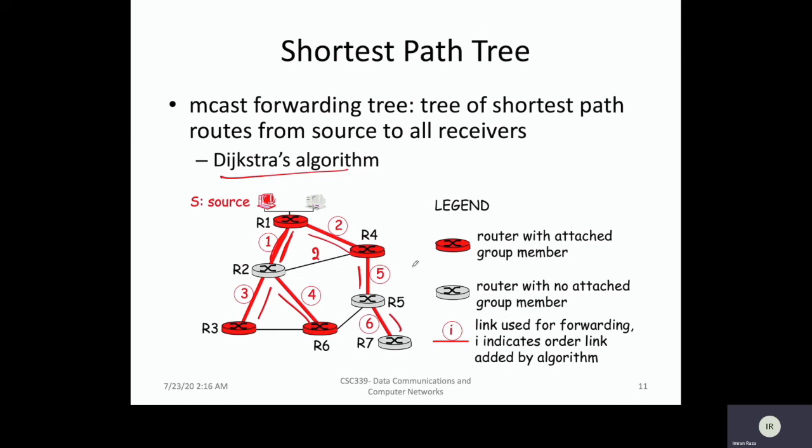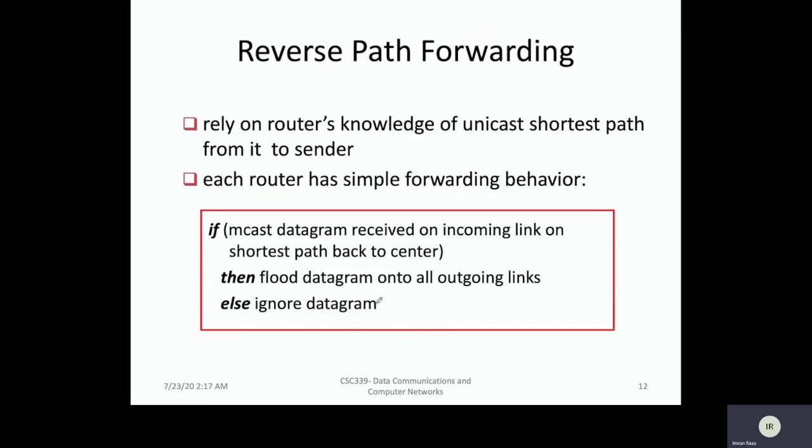And similarly, you can clearly see that there are no group members attached to router R5 and router R7. So these routers can send prune messages to R4, saying they are not willing to receive any multicast packets anymore, since there are no group members attached to these routers.